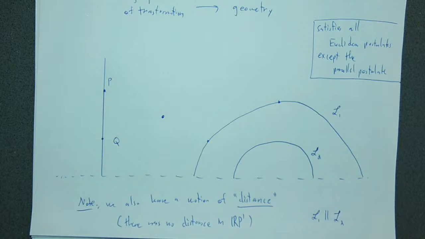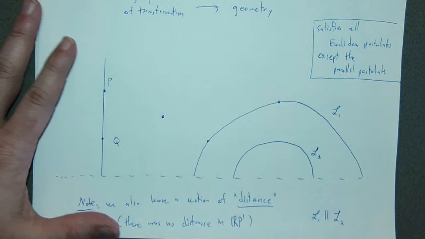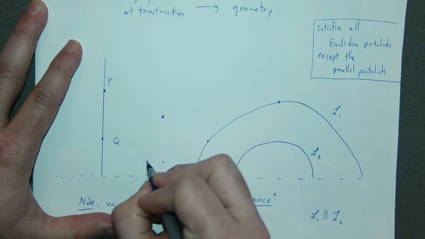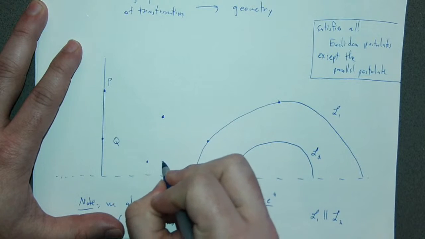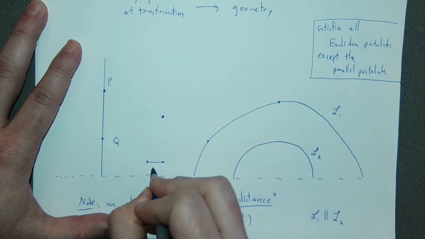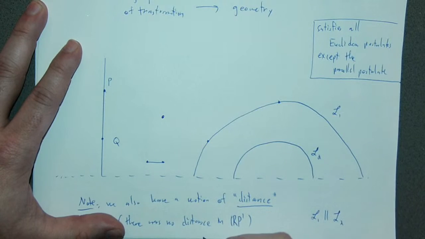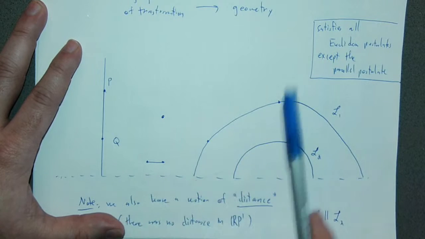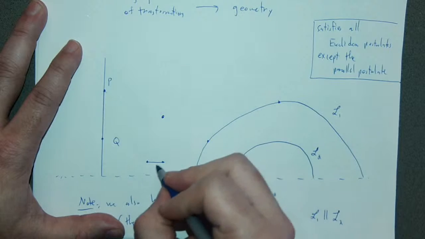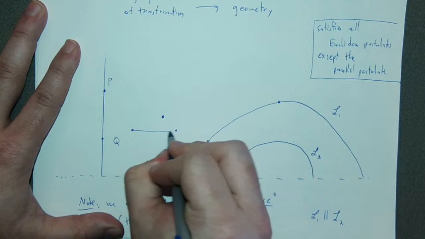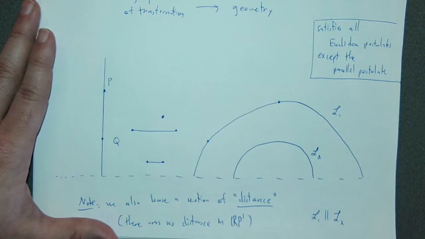In fact, I will draw later some of the weird stuff that happens. One of them is, say that I have a thing drawn here. Note, this is not a line in this space. It's a geometric object, but it's not a line in this space. This and this may have the same length.